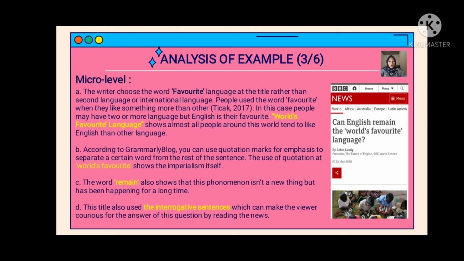The evidence is that English is favorite and dominated in the social context. And also the word remain shows that this phenomenon isn't a new thing but has been happening for a long time. This title also uses an interrogative sentence, which can make the viewer curious about the answer by reading the news.